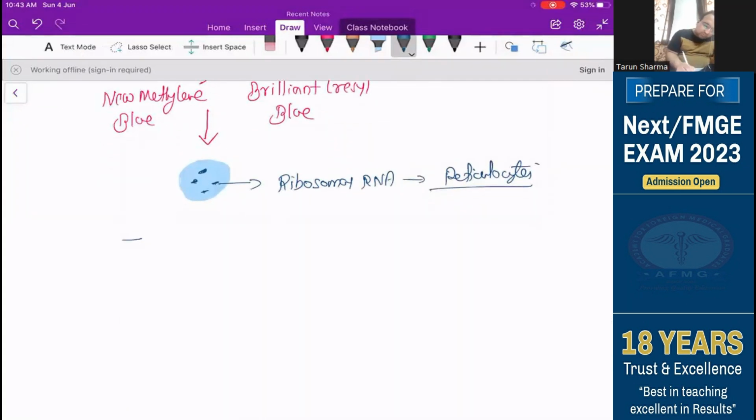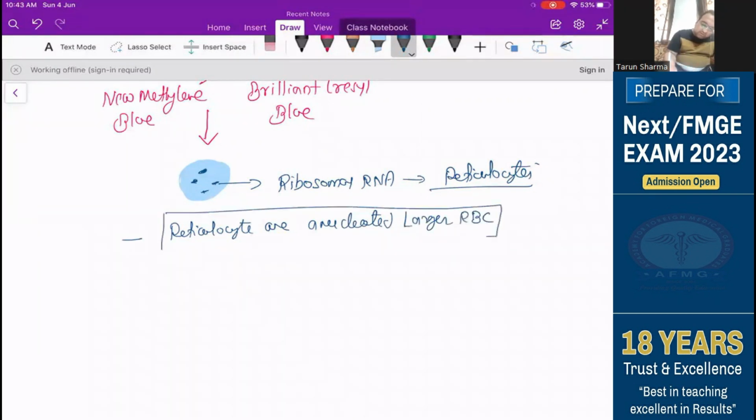So remember, reticulocytes are anucleate, larger RBCs. They are the immature form of the RBCs, and they are differentiated from RBCs because they are larger as compared to RBCs.